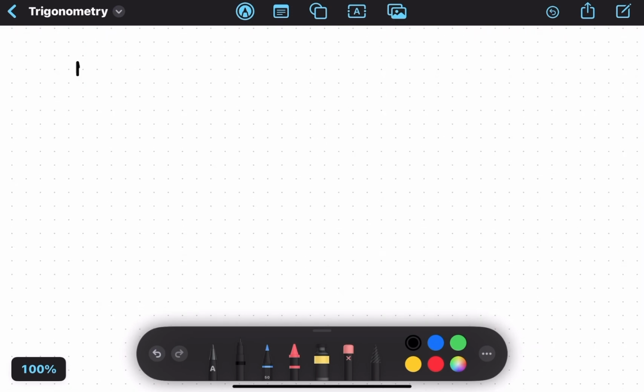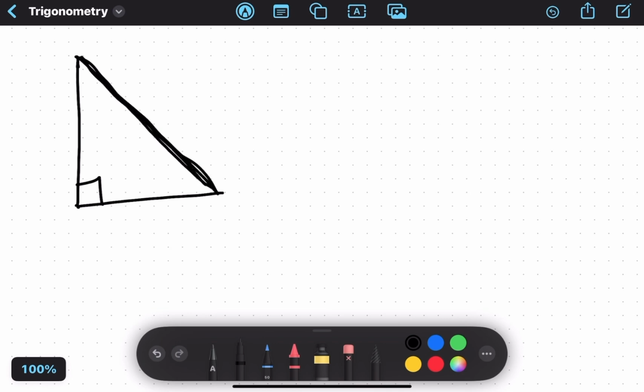So in a right triangle, we have our right angle and three sides. This long side, this is the longest side in the triangle.